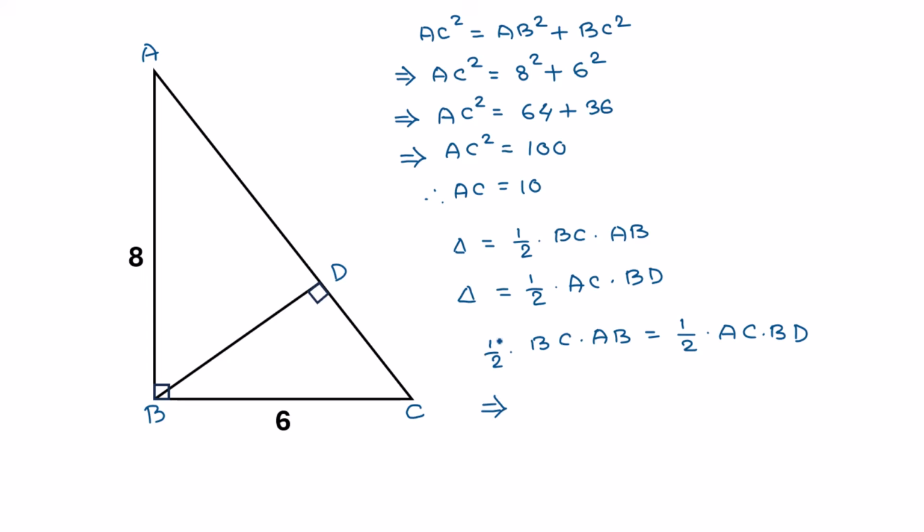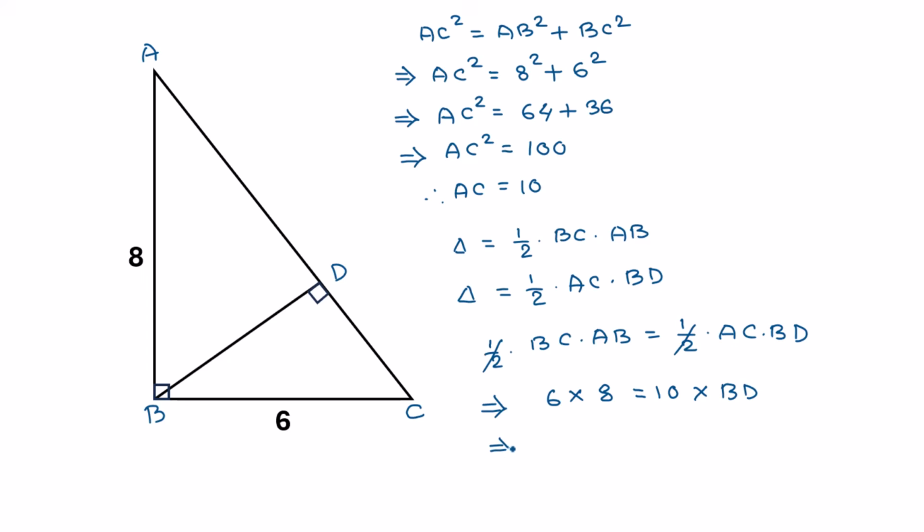Or this half from both sides will cancel, and substituting the known values, the value of BC is 6 times AB, this is 8, is equal to AC. We have found the value of AC is equal to 10 times BD. This value we have to find. So this is BD.